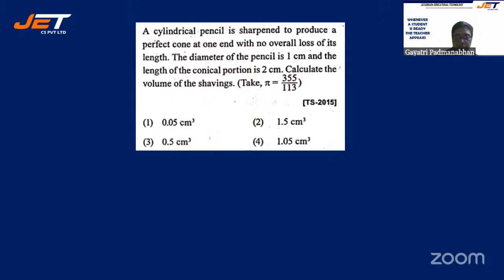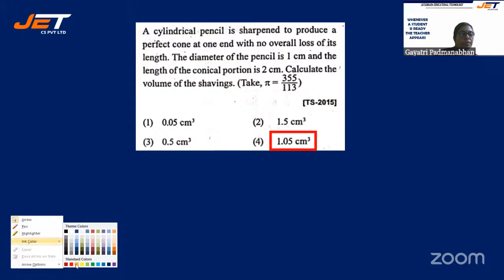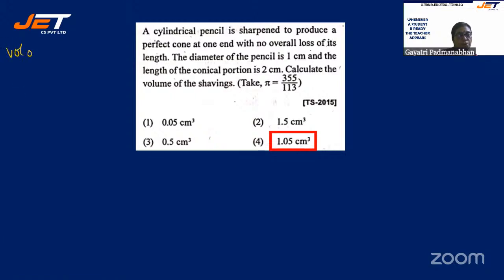So now we have to take the volume of the cylinder. Volume of cylinder is nothing but pi r square h. What is volume of cone? 1 by 3 pi r square h.